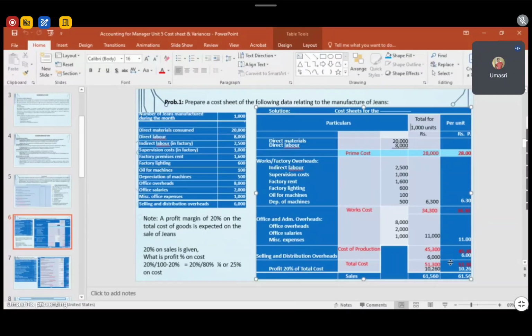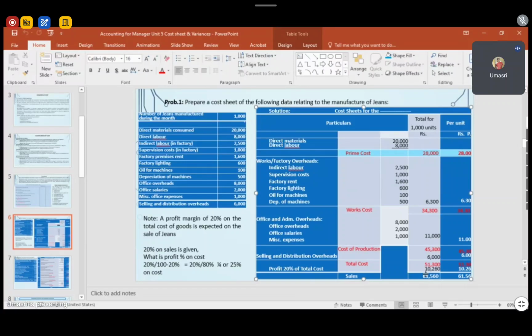Before finding the sales, one clue is given. A profit margin 20% on the total cost of goods is expected on the sale of jeans. So that means 20% on total cost of goods sold. So cost of goods sold is 51,300 into 20%. How much is it?